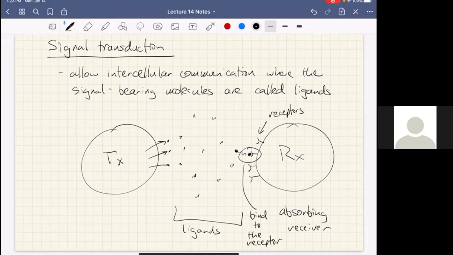That action, in which the ligand binds to the receptor, sets off a cascade of chemical reactions across the cell membrane and produces what are called second messengers, that cause the receiver cell to take some sort of action. The meaning of these signals isn't terribly important to us.